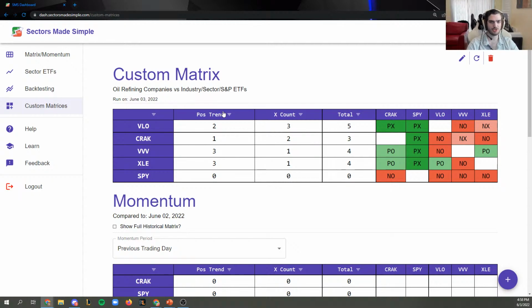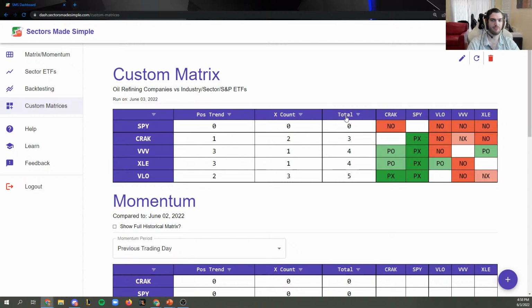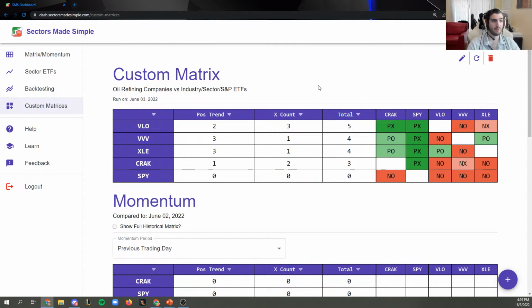If we look at long-term trend, we see that Valvoline holds the highest, tied with energy for the highest long-term strength. But if we sort by overall, we see that Valvoline has the highest overall strength compared to another company that had strong fundamentals and technicals, its industry ETF, the sector ETF, and the S&P 500.